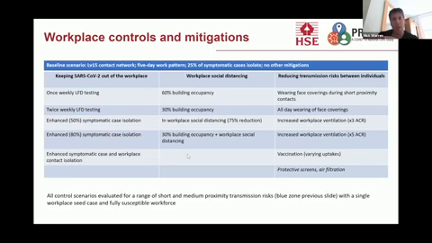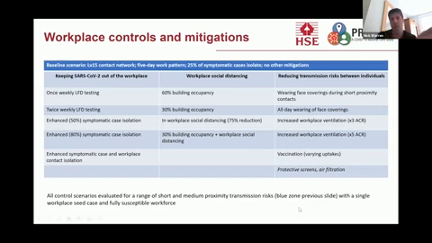The middle category, which I've called workplace social distancing, which includes remote working, reduces the opportunities for transmission between individuals by reducing contact between them. And the third category, which I've put vaccination in, is reducing the transmission risks between individuals when they do meet.